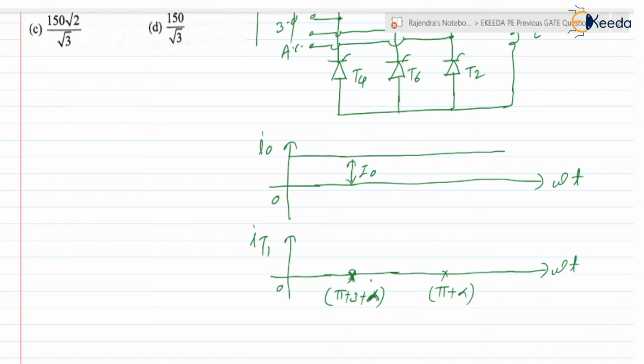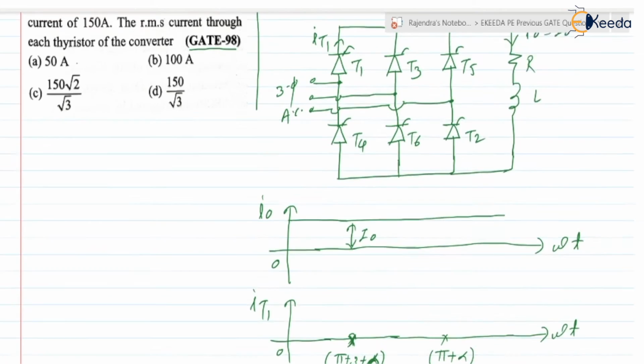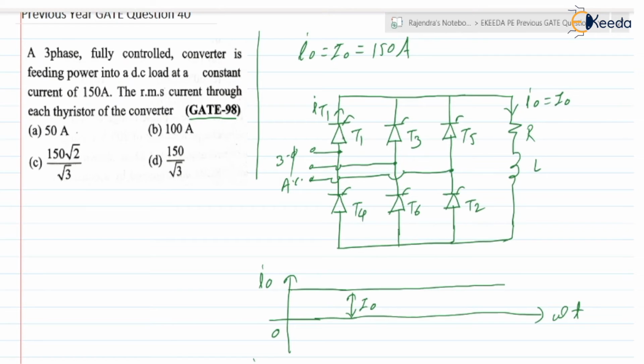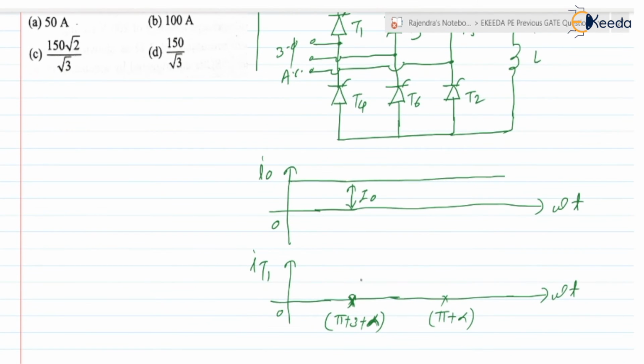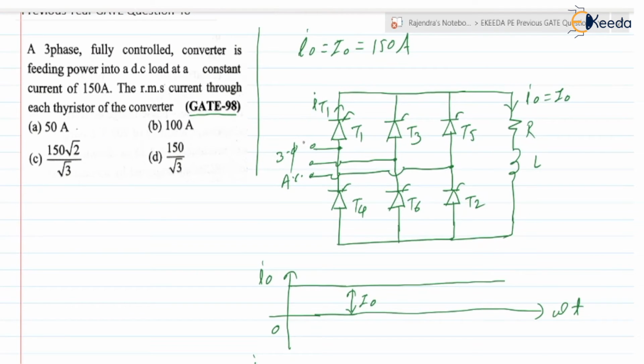From pi by 3 plus alpha to pi plus alpha, thyristor T1 will be in the conduction mode, in pair with thyristor T6 as well as with thyristor T2. Out of this 120 degree, for the first 60 degree, thyristor T1 will be in the on state in pair with thyristor T6, and after that with thyristor T2.